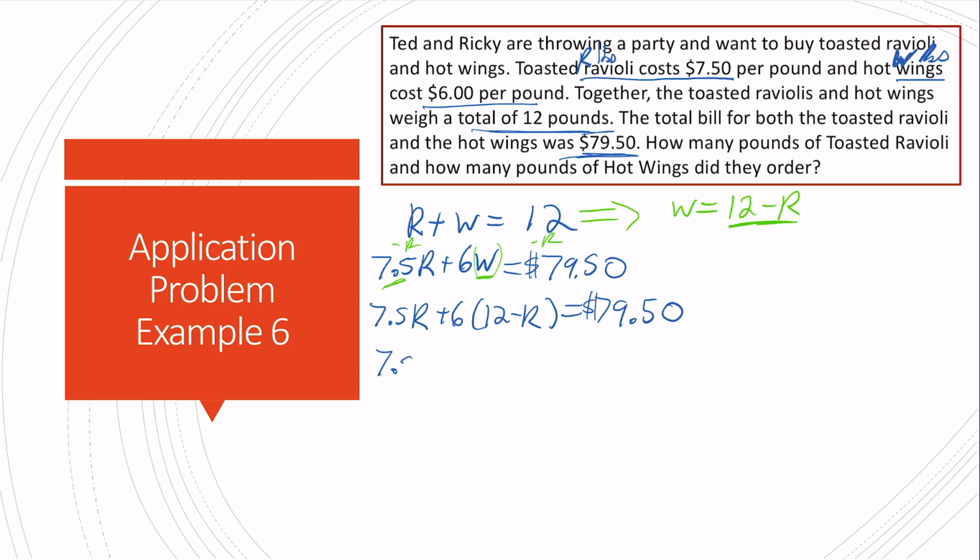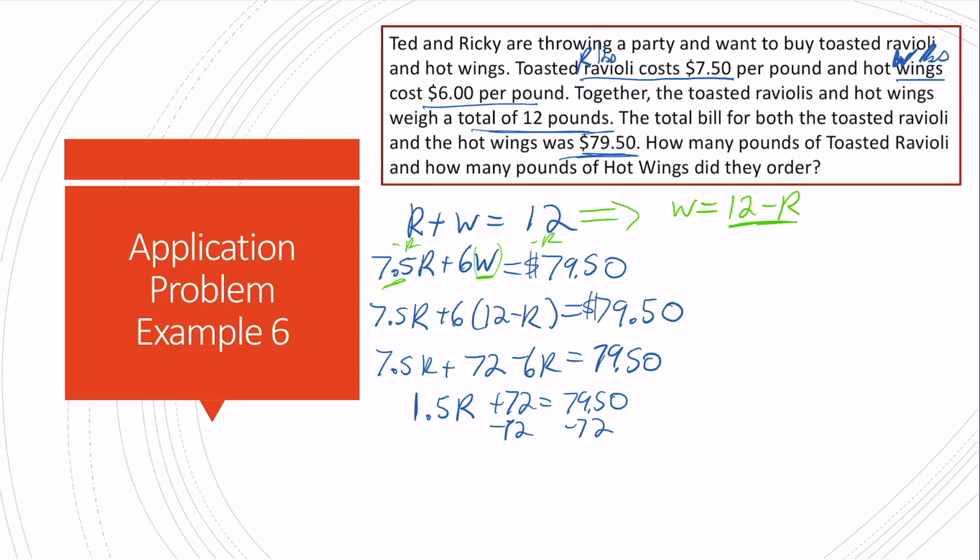So 7.5R plus 72 minus 6R is $79.50. We combine like terms, and I have 1.5R plus 72 is $79.50. I move the constant over, and I get 1.5R is $7.50.